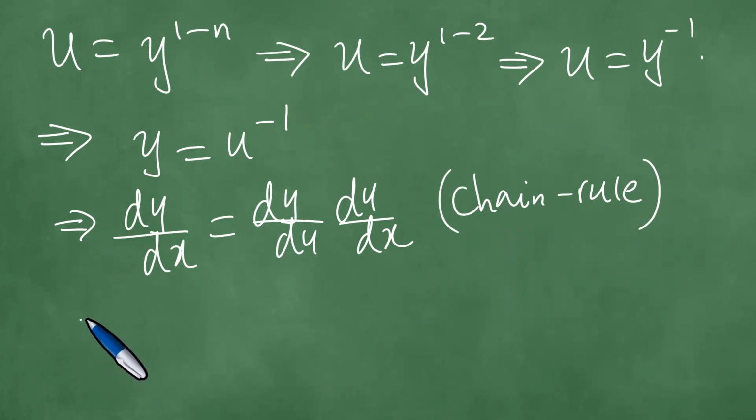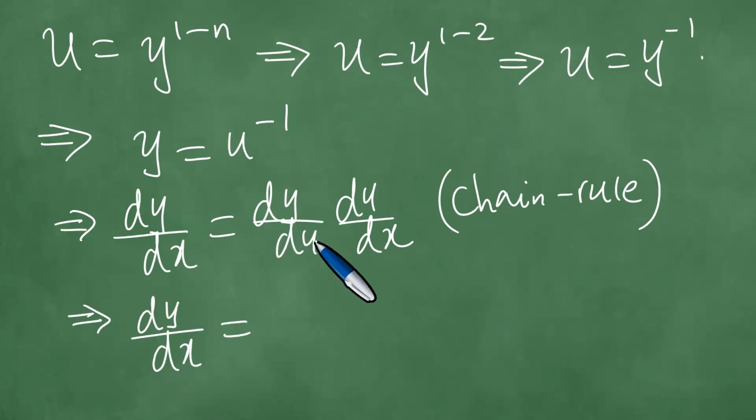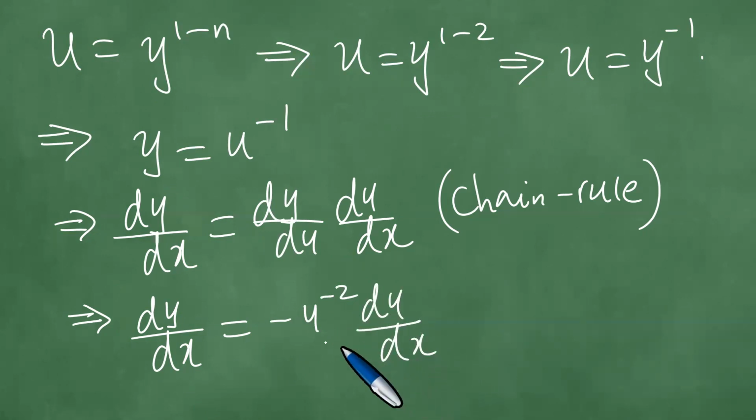At this point, what does this mean? It means that dy/dx equals dy/du times du/dx. Dy/du is minus u to the minus 2, so dy/dx is minus u to the minus 2 du/dx. Okay, so we are in business now.